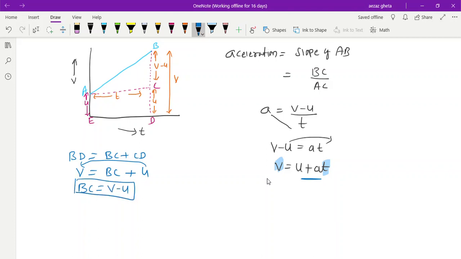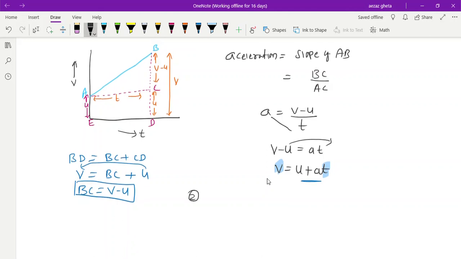Simple. Alright. Now if I go with the second equation of motion, in the second equation of motion we have to take distance.